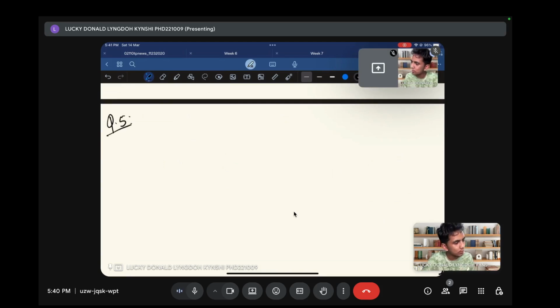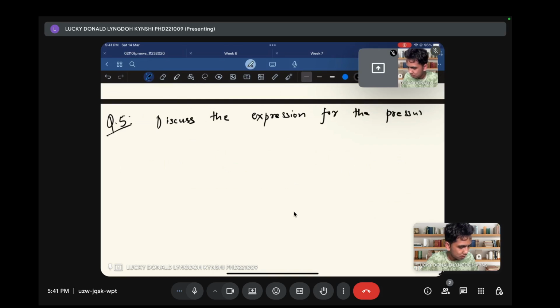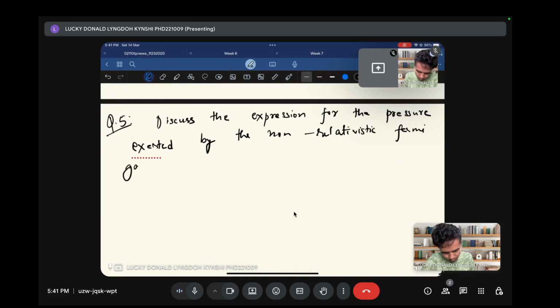what is the question? The question is: describe or discuss the expression for the pressure exerted by the non-relativistic Fermi gas at T equal to 0.